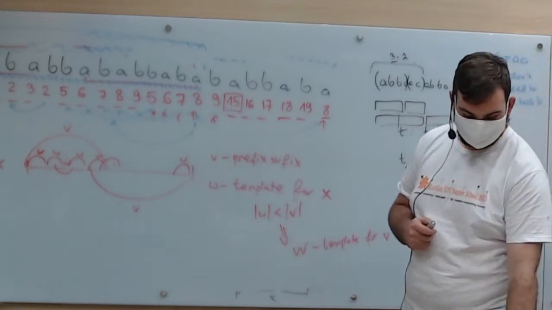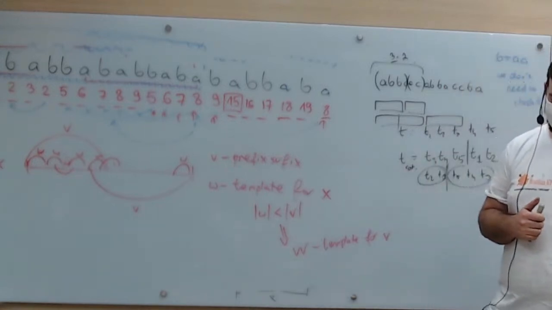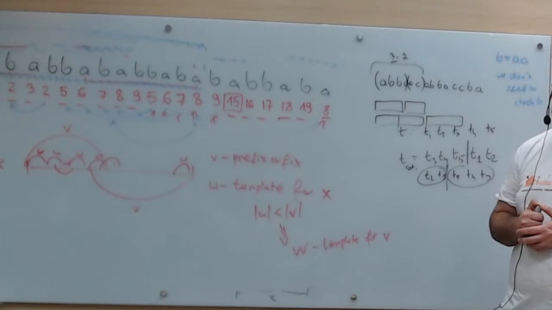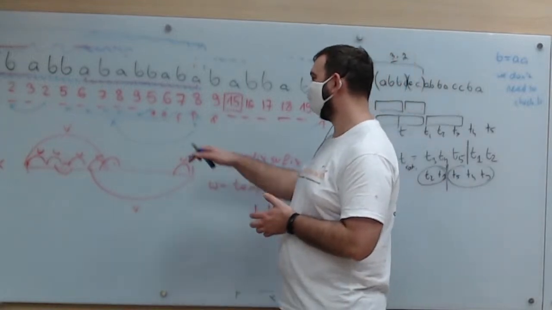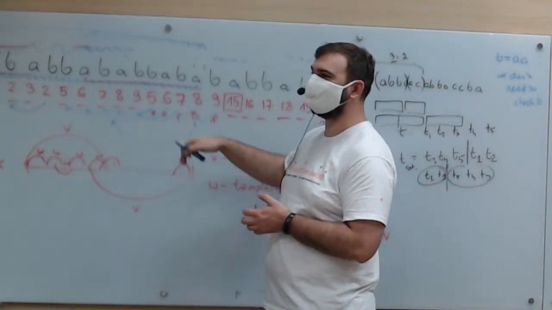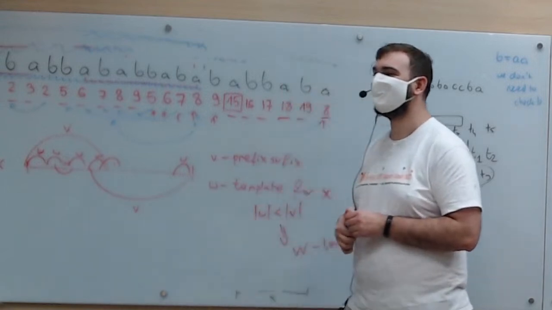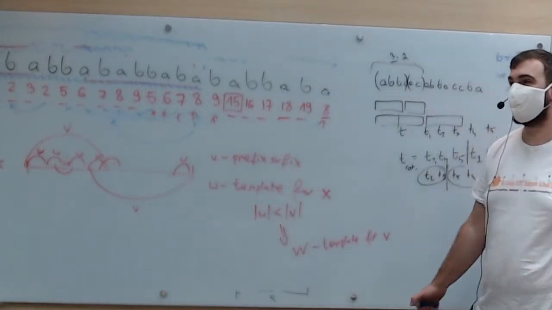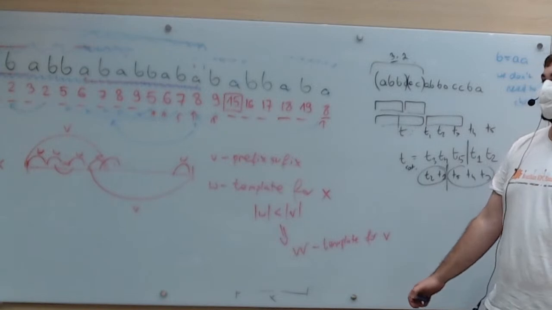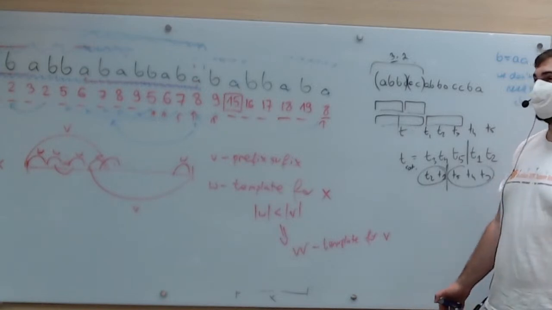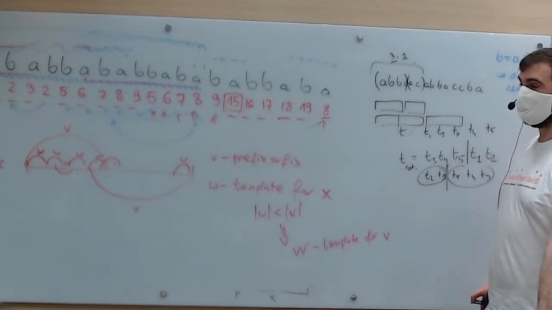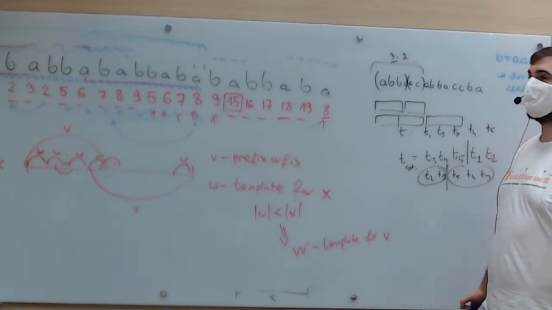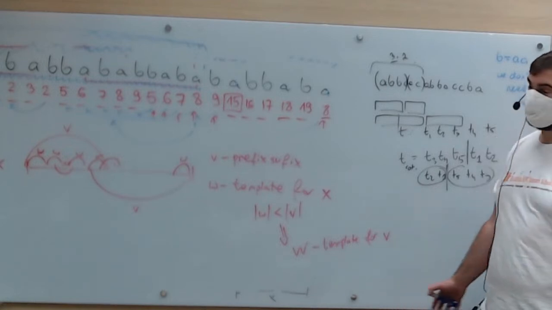And for something to be a template of another string, you have to be able to cover the remaining distance. Yes, but it's a very loose condition. At least greater than or equal to the length of the template you're checking, right? Yes. But you can also check if there's another within the length of the suffix prefix.